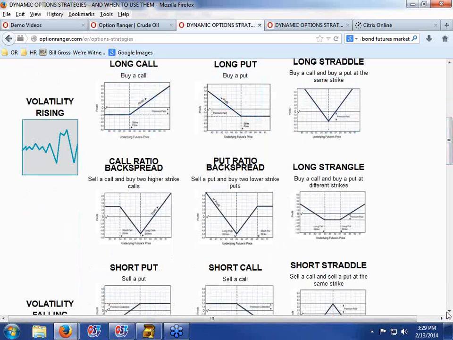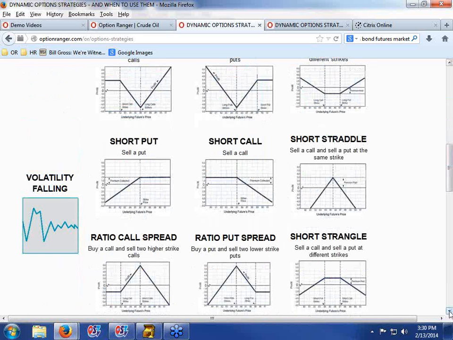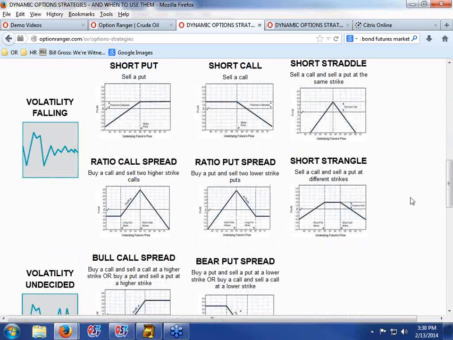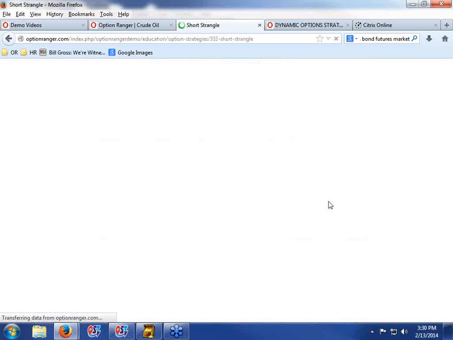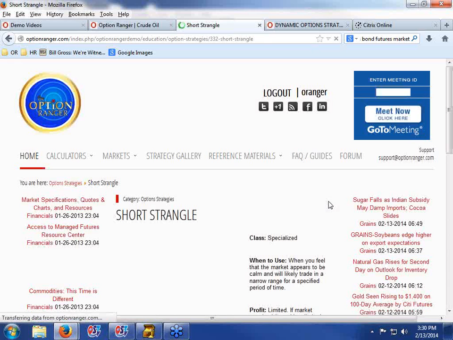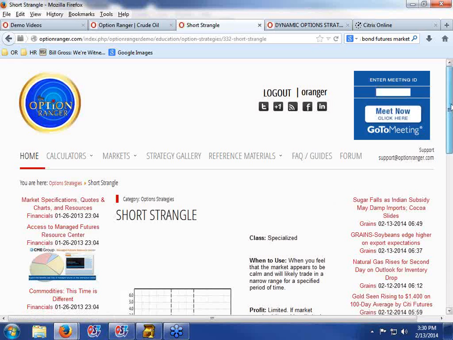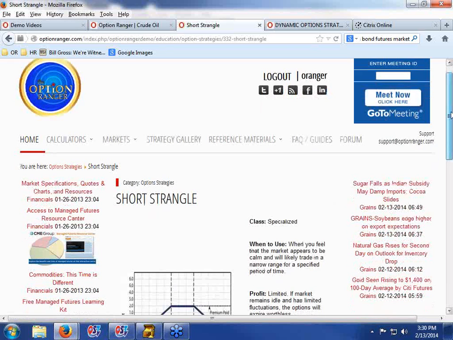And the principal ingredient in selecting this trade, more so than direction, is simply the outlook that volatility in the market is going to fall. Whatever has been going on in a given trade, you think it's going to quiet down. If you think the market's going to go sideways and quiet down, then this is a trade you would go to.